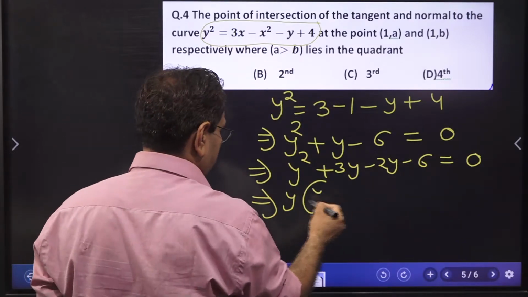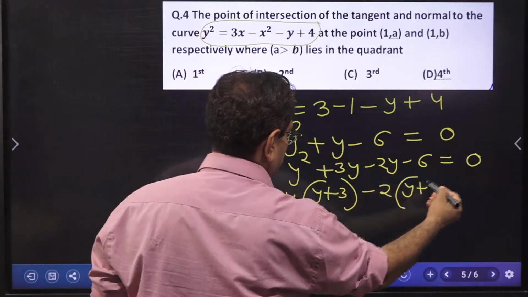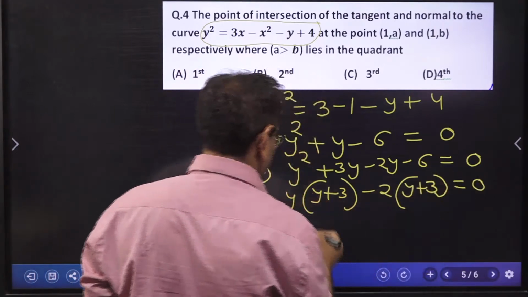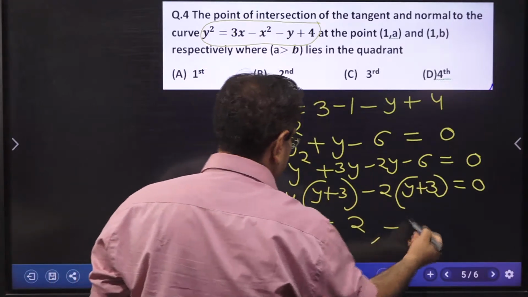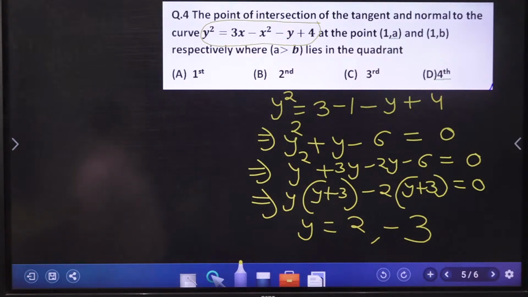So taking y common, y into (y plus 3), taking minus 2 common, minus 2 into (y plus 3) equal to 0. So we get y equal to 2 and minus 3. We have got the y coordinates 2 and minus 3.